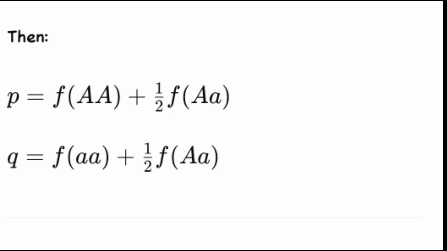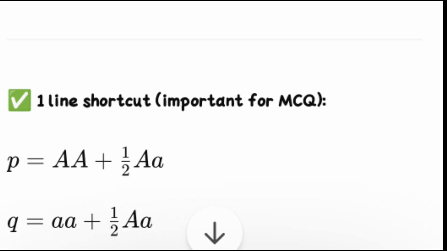Similarly for the recessive we use the same formula, but instead of capital A we use small a. So we can use a shortcut: P is equal to the capital A capital A genotype plus half into the heterozygote. Similarly for recessive we can use Q is equal to the recessive small a small a plus half into the heterozygote, when the values are already in frequency form.